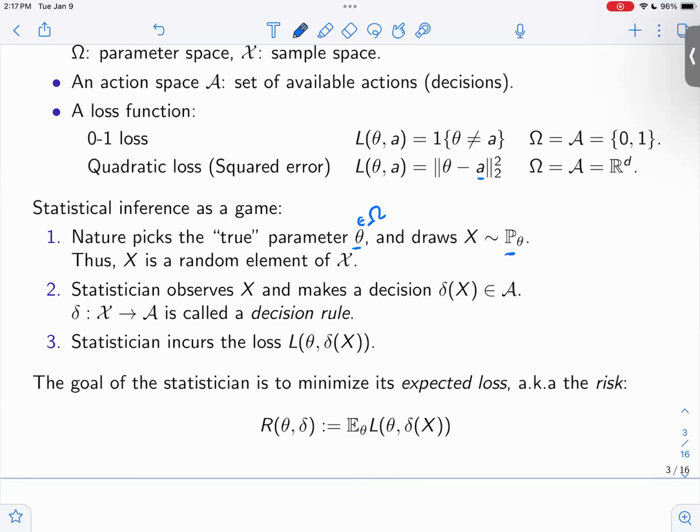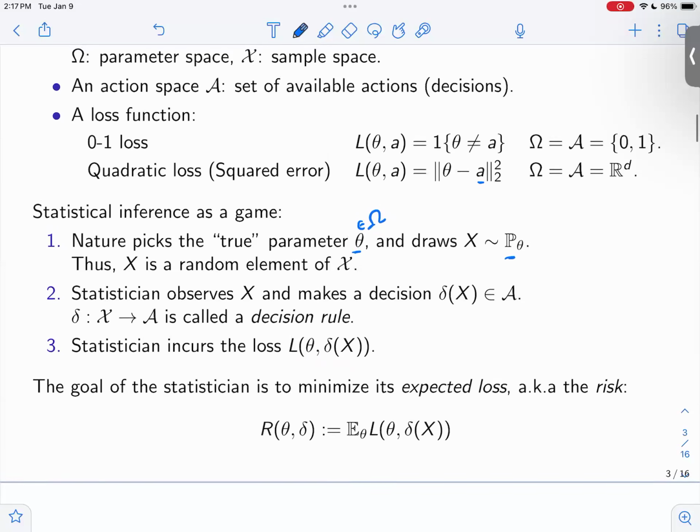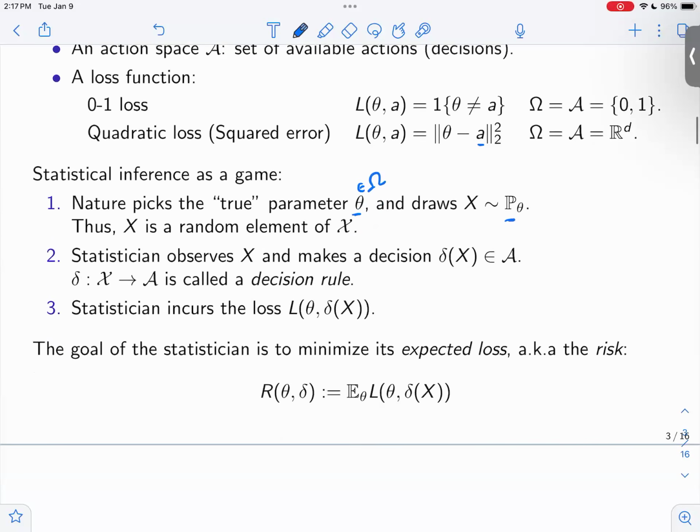If my guess is exactly equal to the true theta, I'm paying no price, but if I'm far away from it, I pay a price depending on the size of the error. So that's my loss. But the framework is more general.